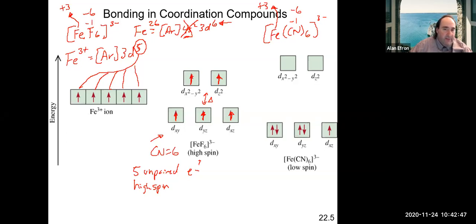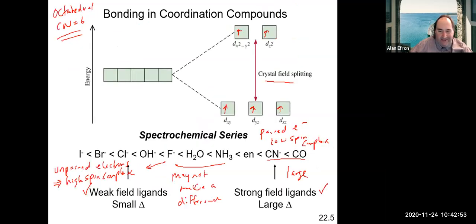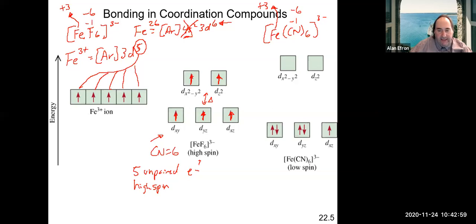So we're going to be starting with our same 5 electrons. The difference, though, is we have CN minus as our ligand. And CN minus is definitely strong field, which means that this separation here is going to be large, as opposed to over here, which is going to be small.